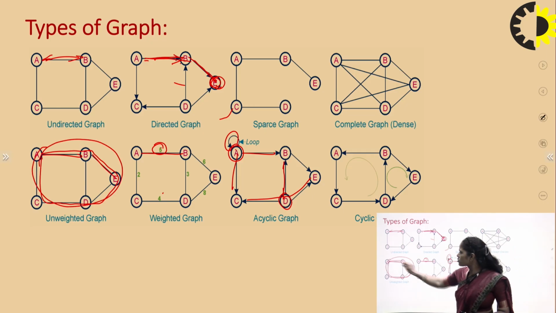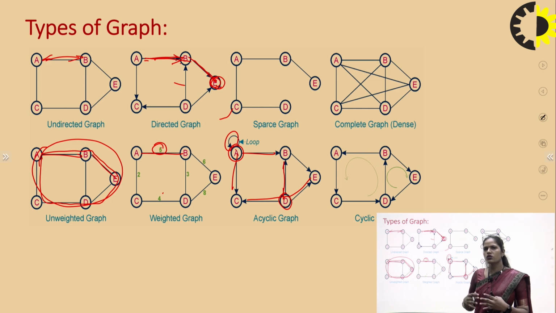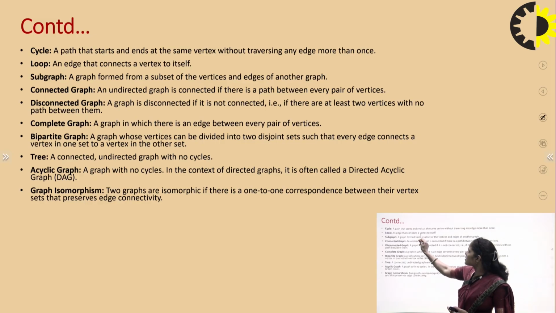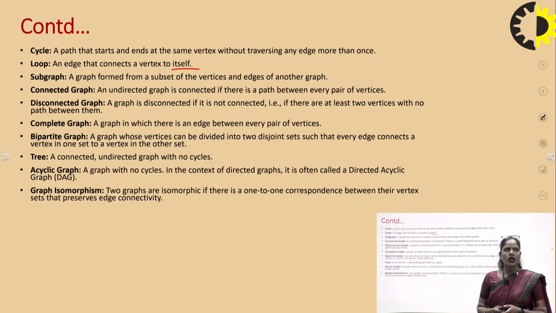From the source vertex, I visit some particular edges, and at last it closes with itself. That is called a cycle. Next, a loop is a self-referencing edge for a vertex. An edge that connects a vertex to itself is a loop.